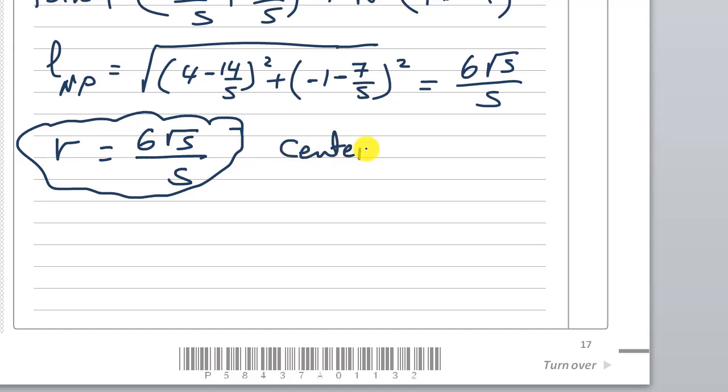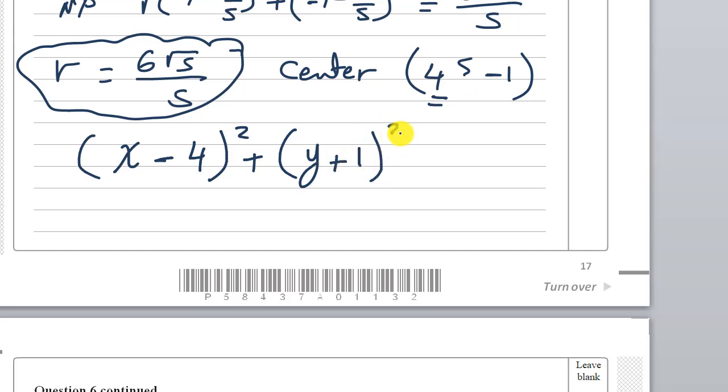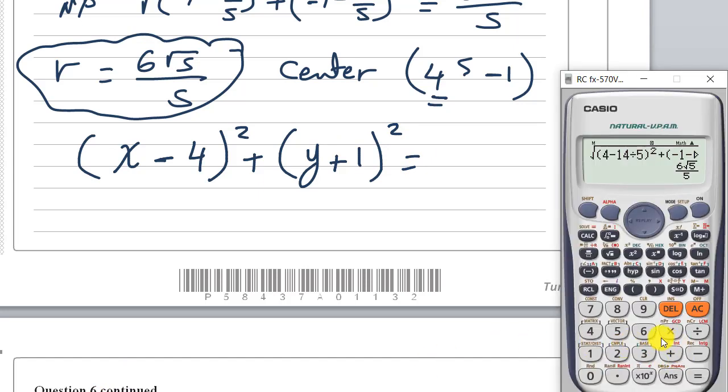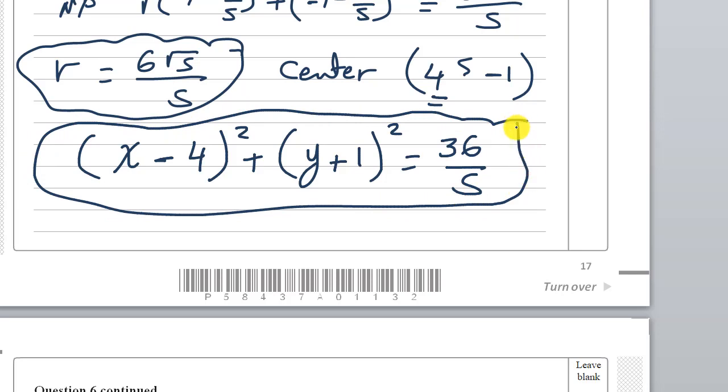And the center is 4 and minus 1. So the equation of the circle: (x minus 4) squared, plus (y minus minus 1), so plus 1 squared, is equal to the radius squared. So let us square the radius. It's equal to 36 divided by 5. And this is the equation of the circle.